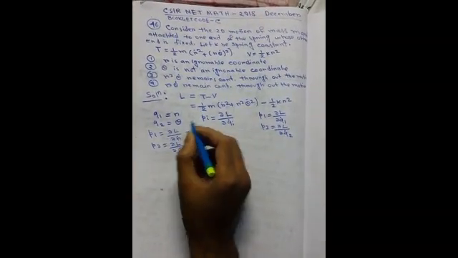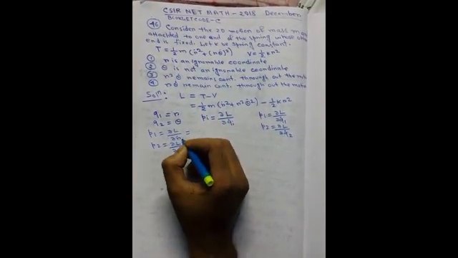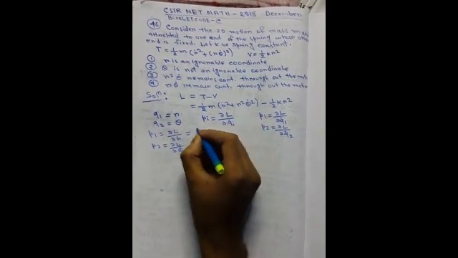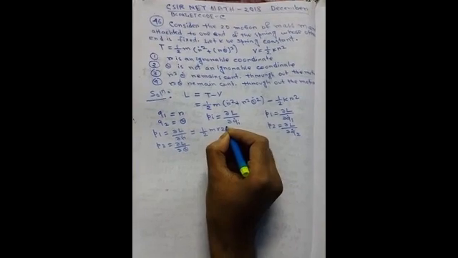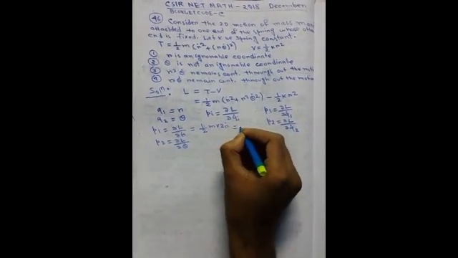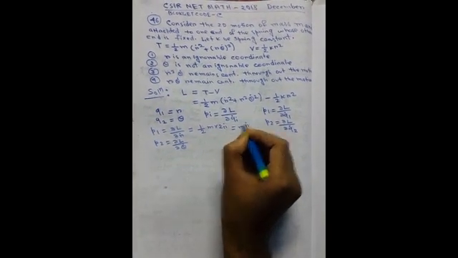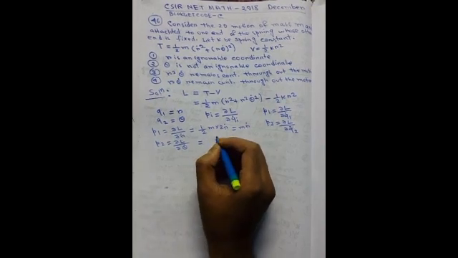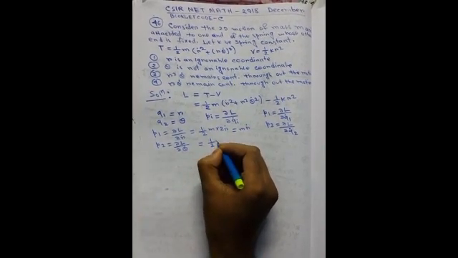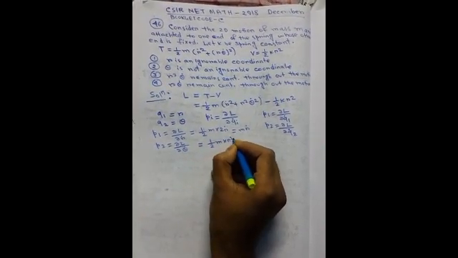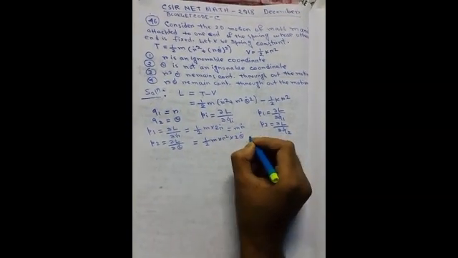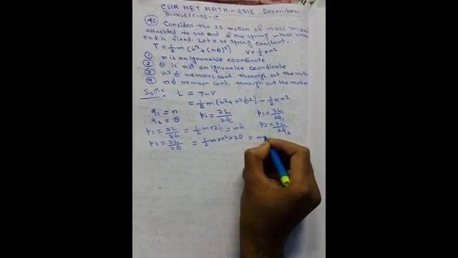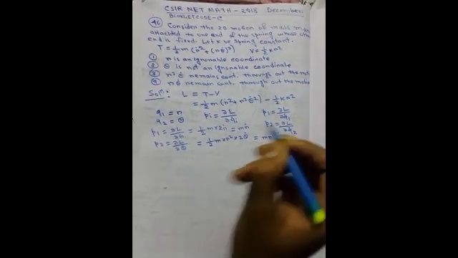Differentiating L with respect to r dot, half M into 2 r dot gives M r dot, and with respect to theta dot, half M r squared into 2 theta dot gives M r squared theta dot.